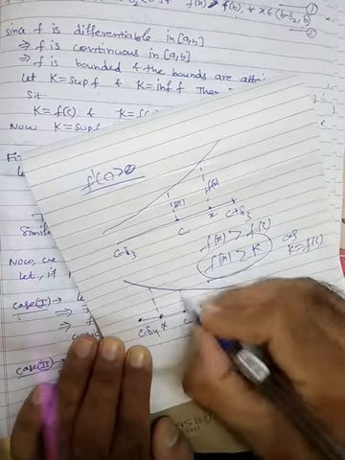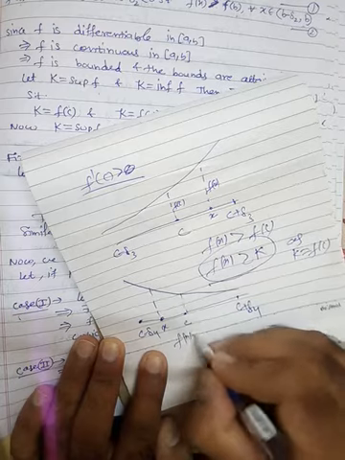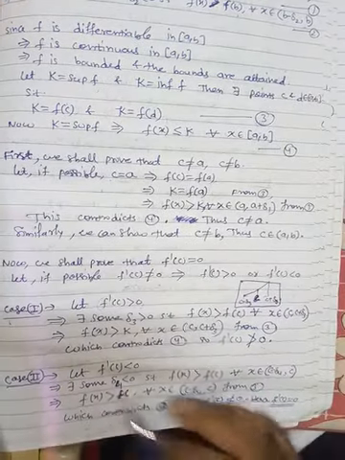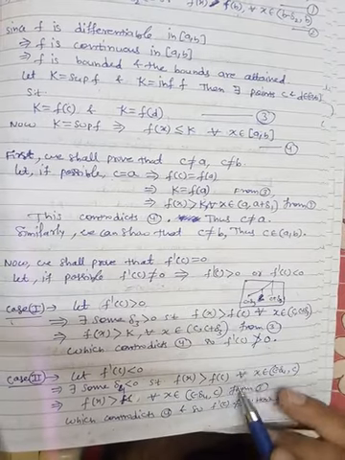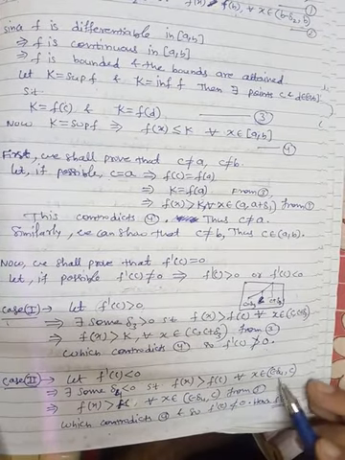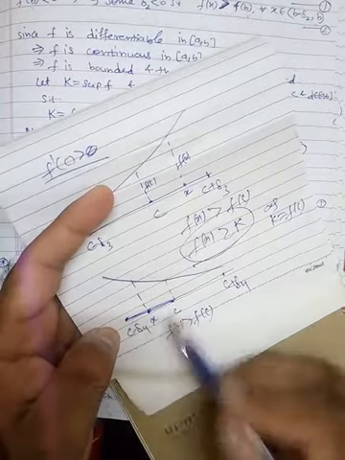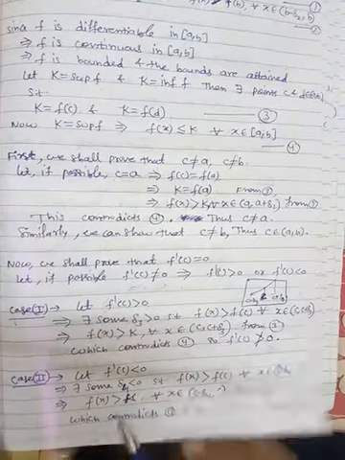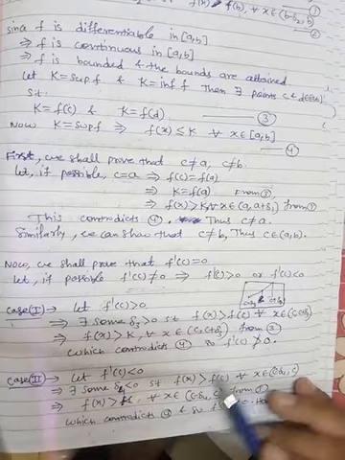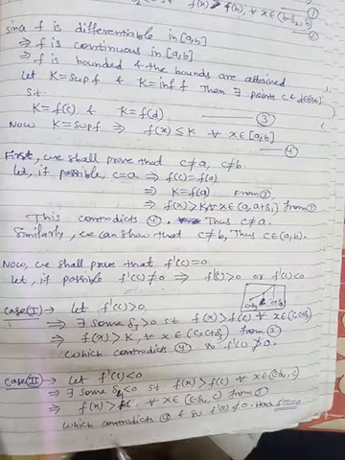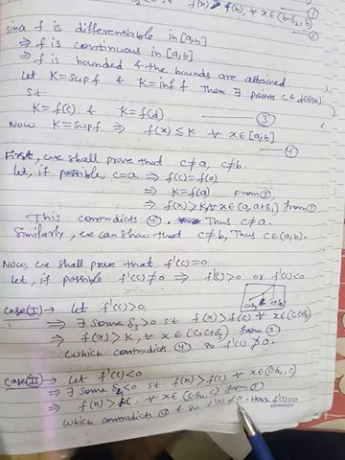So f of x is greater than f of C for all x belongs to C minus delta 4 to C, that is, in this interval from here to here x is here. Then f of x is greater than K, because f of C is K. Again this contradicts equation number 4.